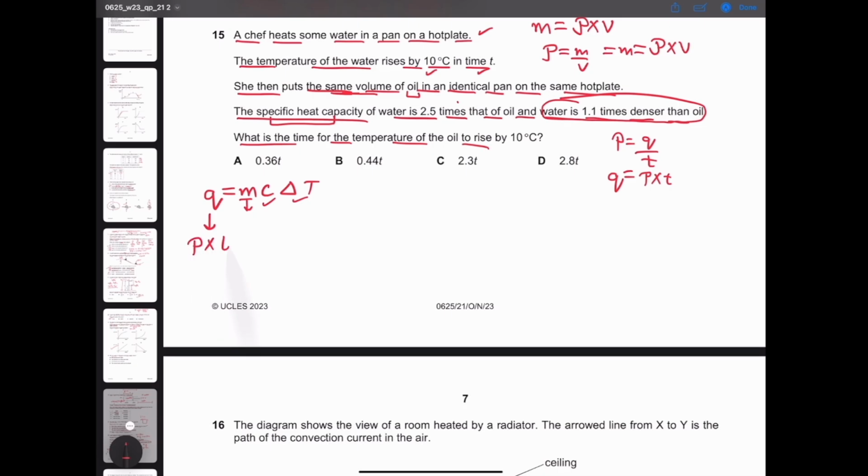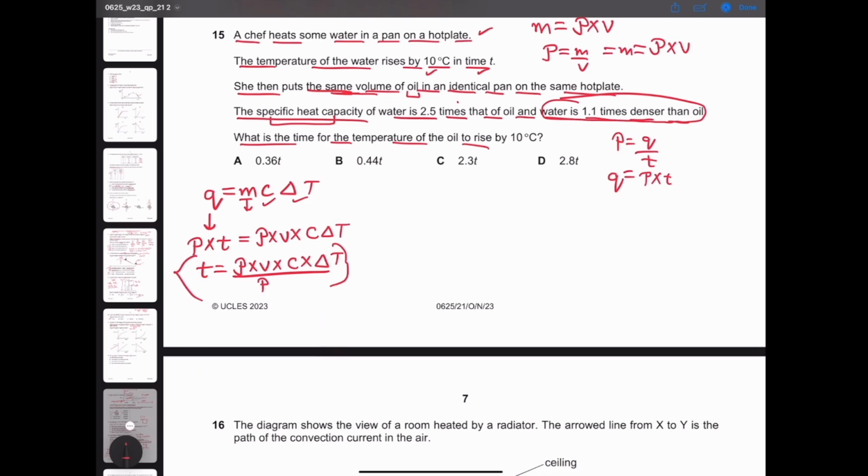In place of mass, I will write density into volume into C into delta T. Alright. Now we are finding the time taken for oil. So let's make T the subject: density into volume into C into delta T by power. So this is our formula which we will be using here.